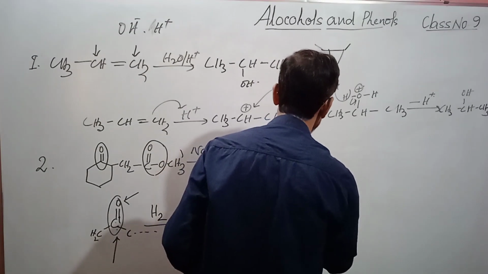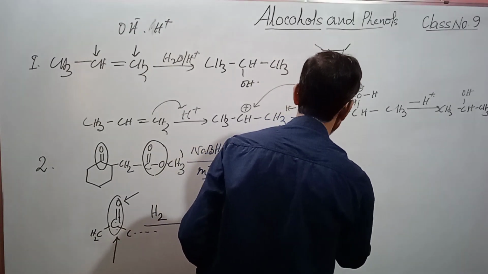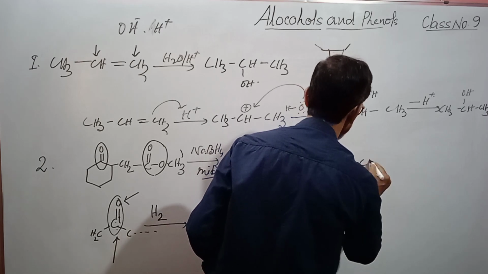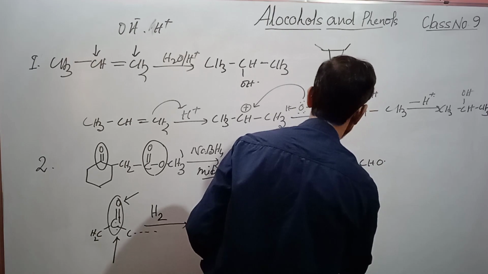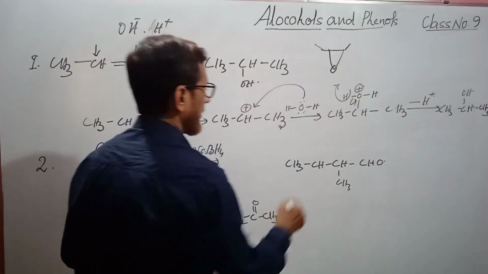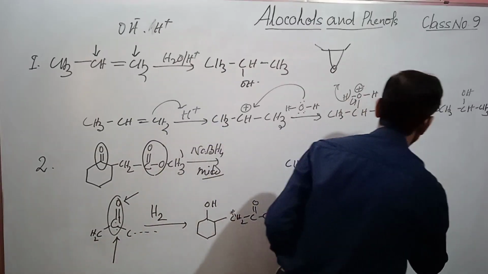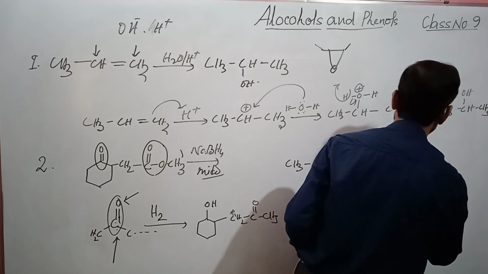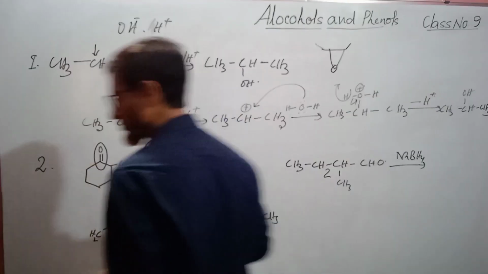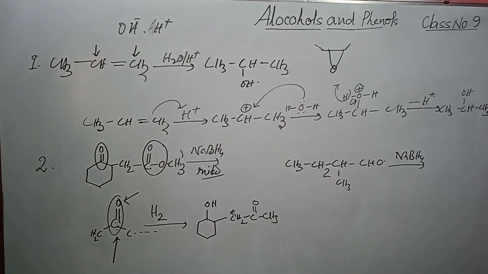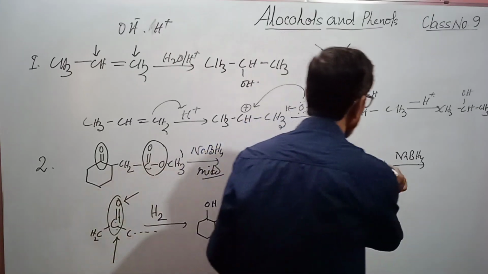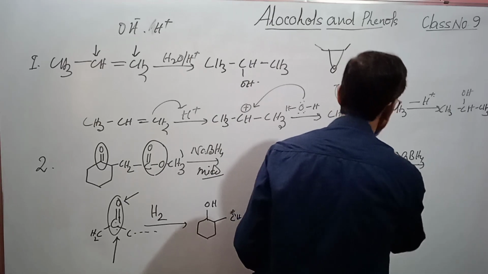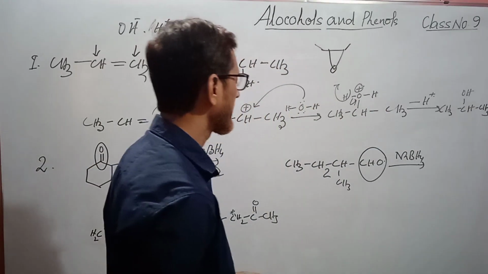The other one is CH3, CH, CH, CHO, CH3 and this. Am I right? And this is sodium borohydride. Again, you see, its action is on this one.